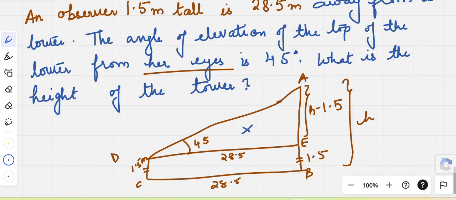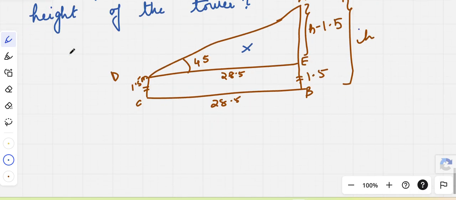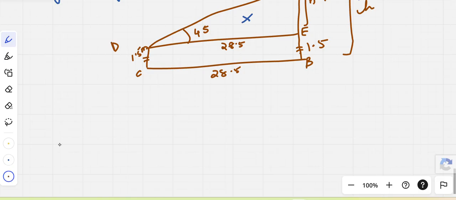Did you get it? How to do, guys? Okay, so I'll just do it.